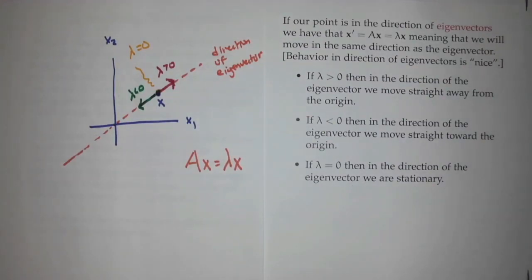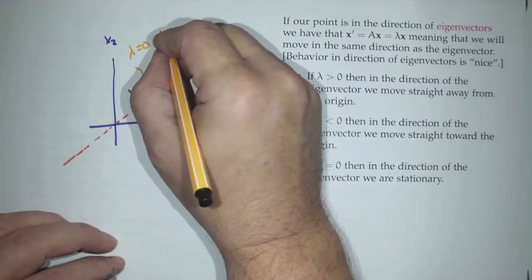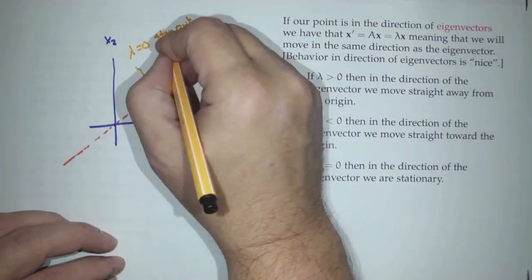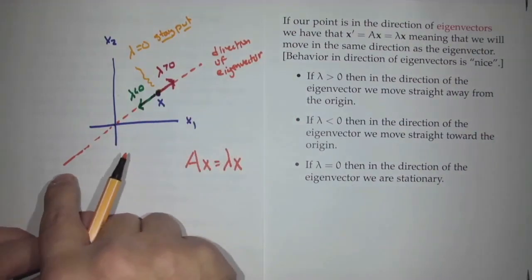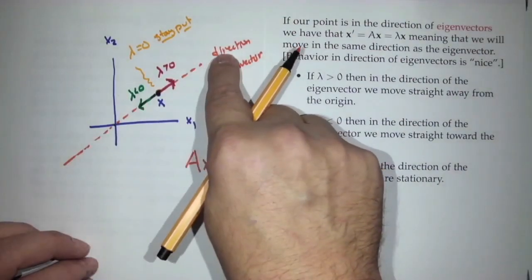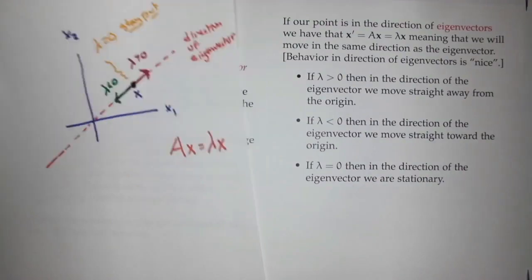Don't change. I like to think of it as sort of the art history major of vectors. Stay where you are. You don't need to change. You're great. So lambda equals 0, stay put. Don't move. So in particular, if we have a 0 eigenvalue, there's some direction associated with that where you never move. Everything's stationary.